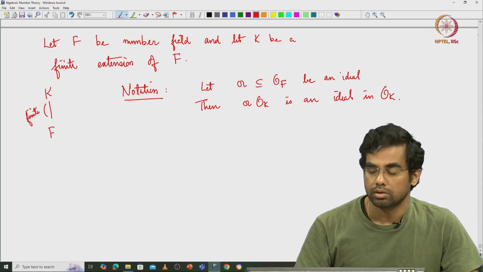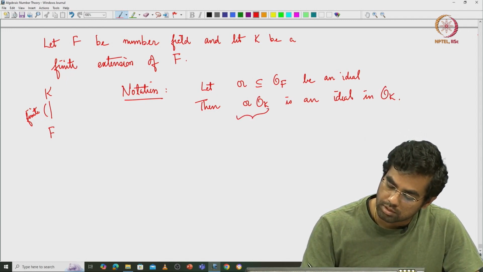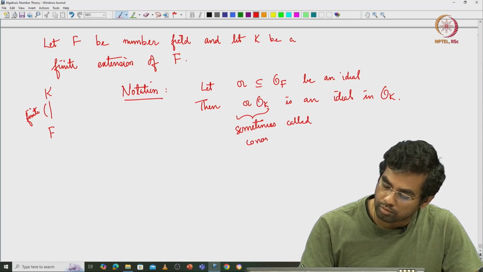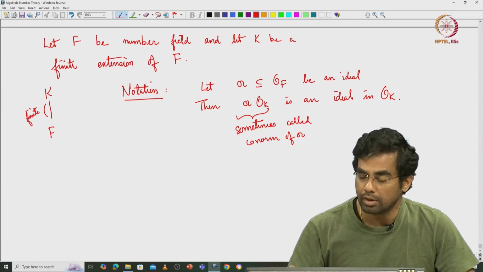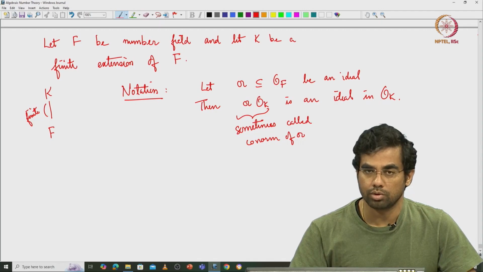So, this is what is sometimes called the co-norm of A. Co-norm in this relative extension K over F, but I am simply going to denote it as AOK.